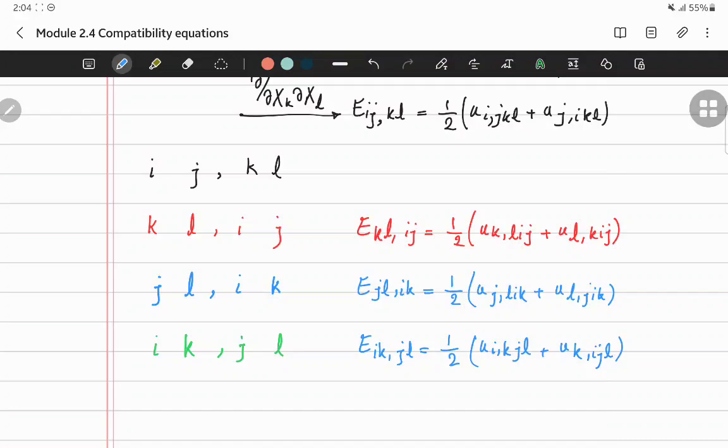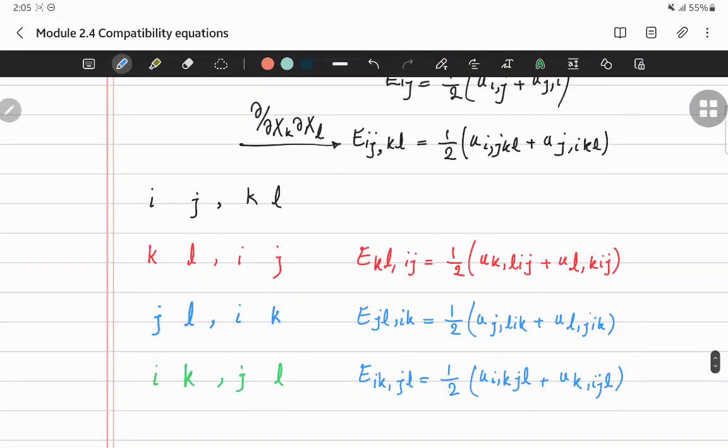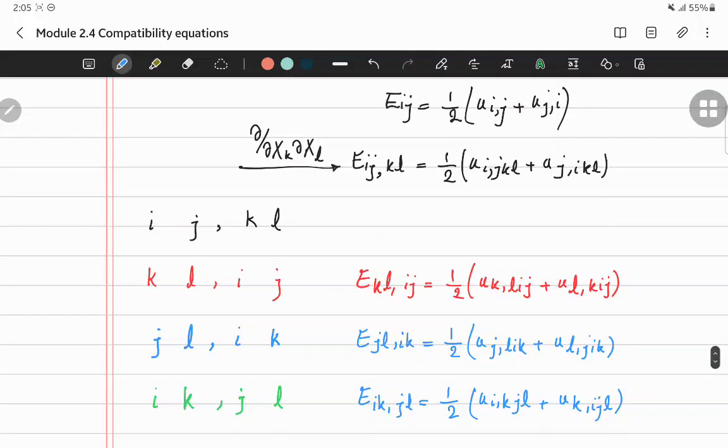Let me see. They are different. Okay, so all right, true. Then I have four equations here.